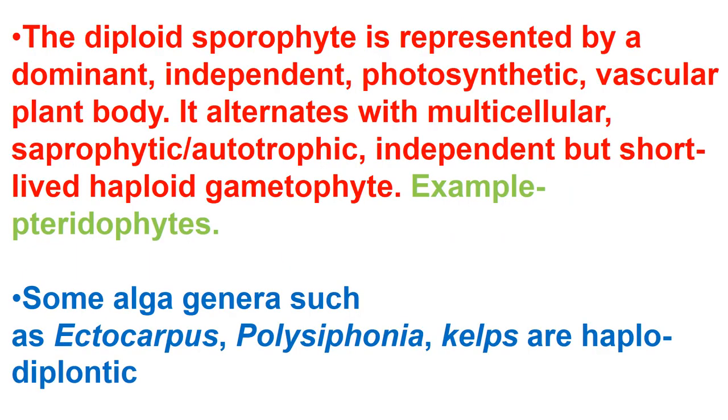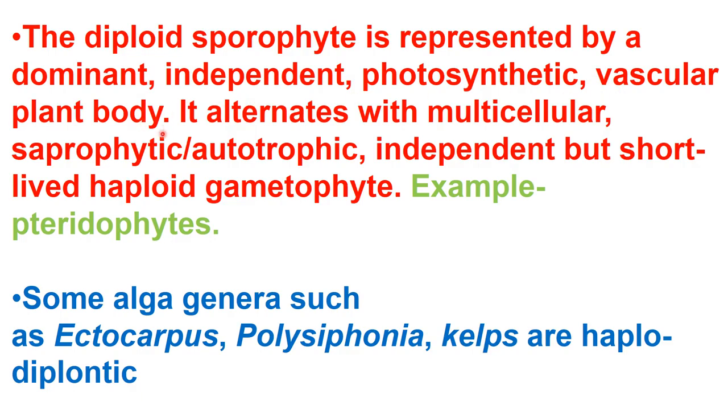Now see the second condition. The diploid sporophyte is represented by a dominant, independent, photosynthetic, vascular plant body. What is happening here? Which one is dominant? Sporophyte is dominant here. And that sporophyte is independent, photosynthetic, and it has vascular bundles like xylem and phloem. So we can say a vascular plant body.